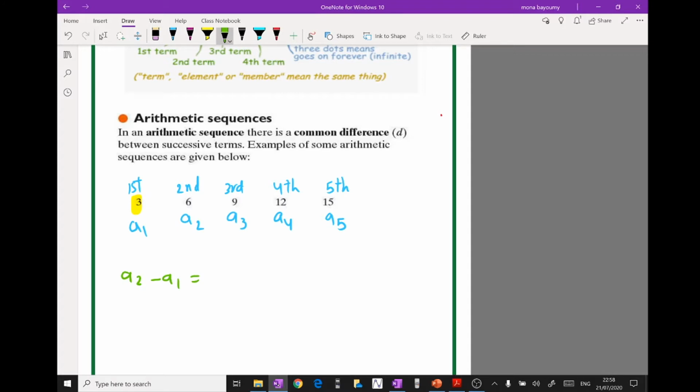A2 minus A1, 6 minus 3, so the answer is positive 3. A3 minus A2, so it is 9 minus 6, it's gonna be 3. A4 minus A3, it is equal to 12 minus 9, which is equal to 3.